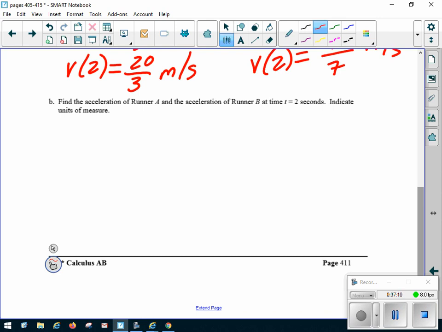Find the acceleration of runner A and the acceleration of runner B. Let's talk about runner A. You know the equation for the velocity of runner A, right? Well, I only want to find the acceleration. Do I want to write the equation? I don't know. Let's see. So what is A of t then?